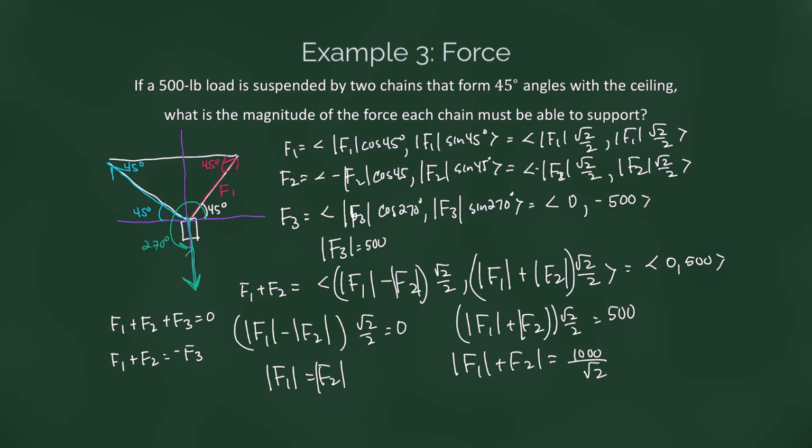Those two quantities are equal to each other, so 2 times the magnitude of F1 is 1,000 divided by the square root of 2, which then tells us that the magnitude of F1 is 500 divided by the square root of 2, which is approximately 353.6 pounds. So the magnitude of the force of each chain, this answer right here, is approximately 353.6 pounds.